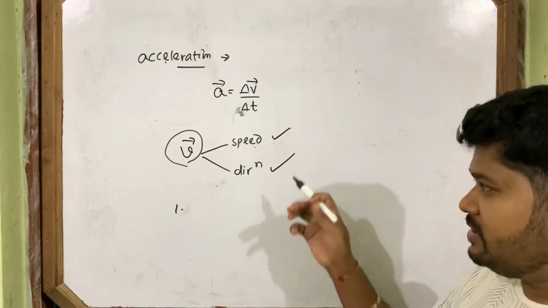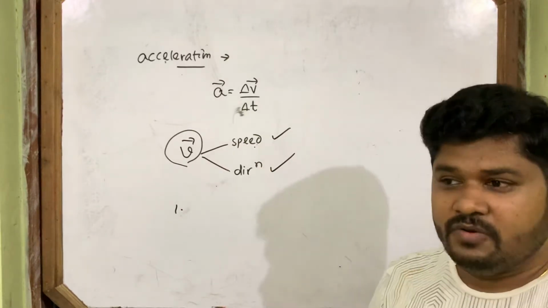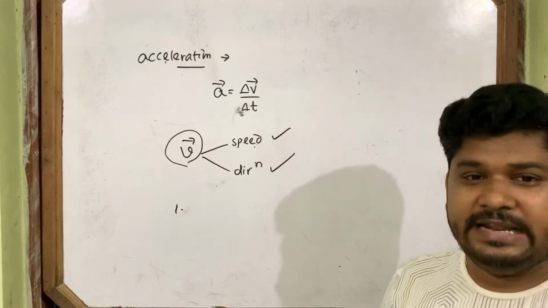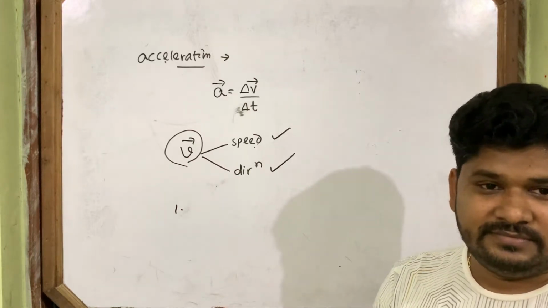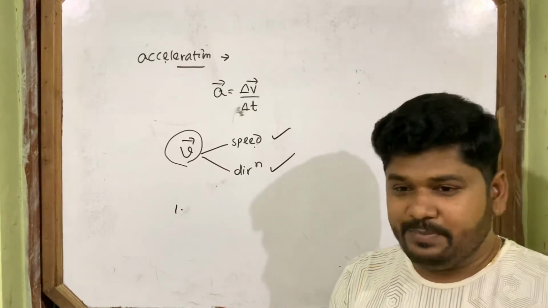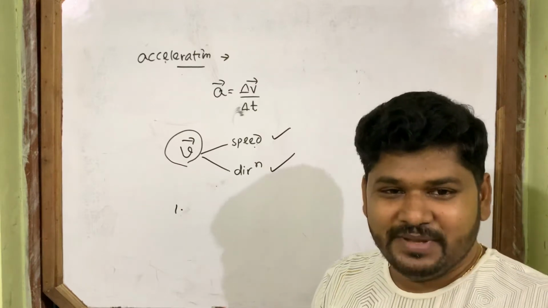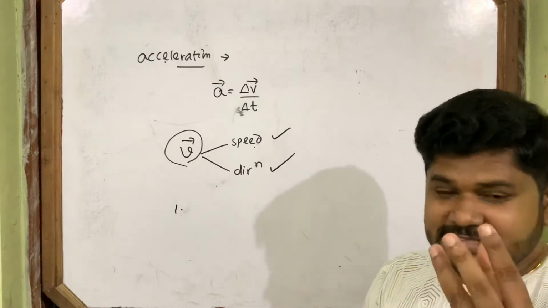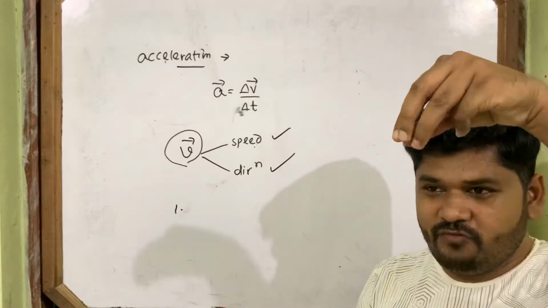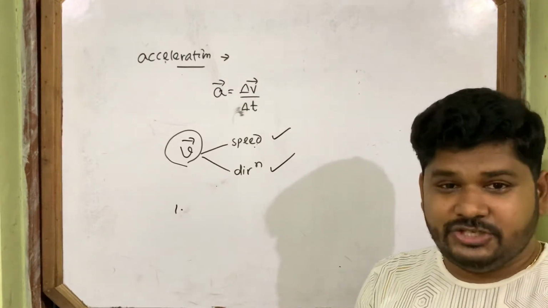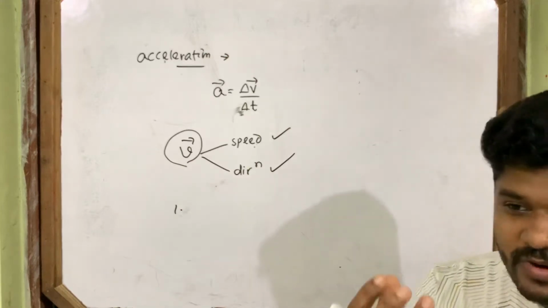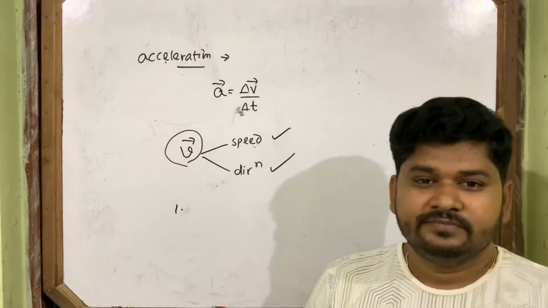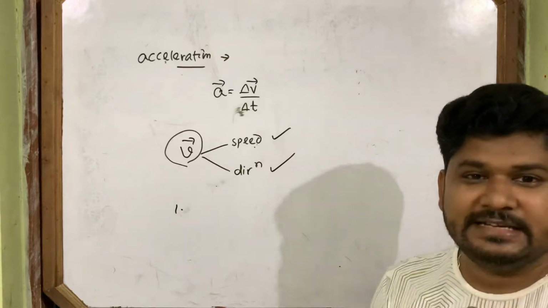Another example I am telling you. One apple falls from a tree. I always take the example of an apple, but let's take the example of a mango. A mango falls from a tree. What happens? The initial velocity when the mango falls is 0, but gradually when it comes down, its velocity increases.